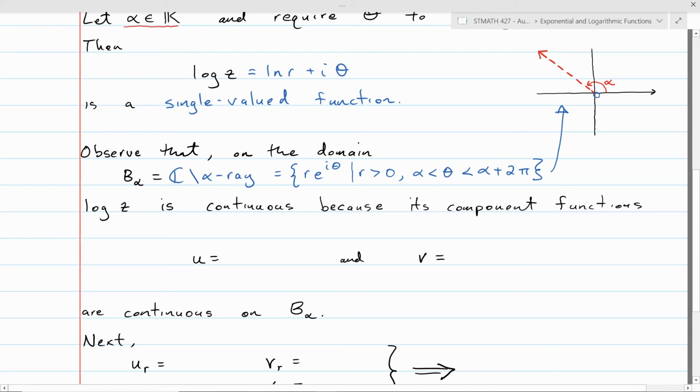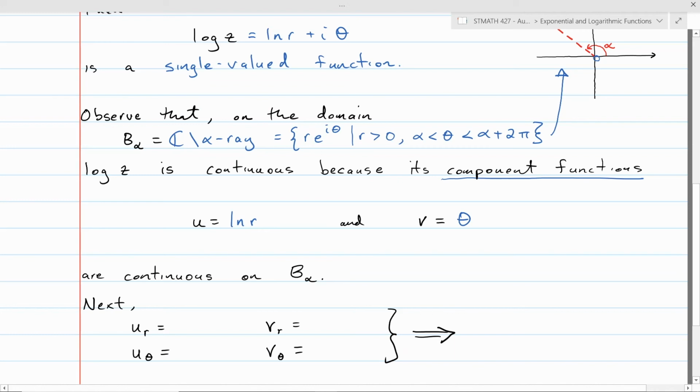And we can now look at it and go, hey, on this domain, this is a continuous function, because you can look at the components of it. The component functions of our logarithm now are just u, the real component, which is natural log of r, and the v component, which is theta. And we can do Cauchy-Riemann on it.